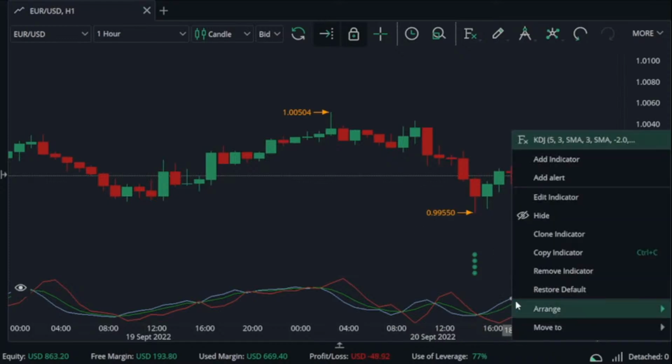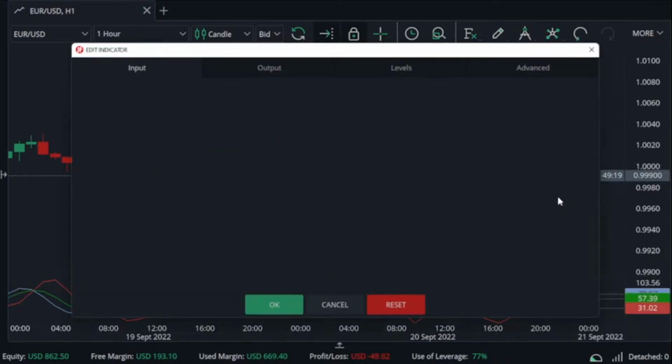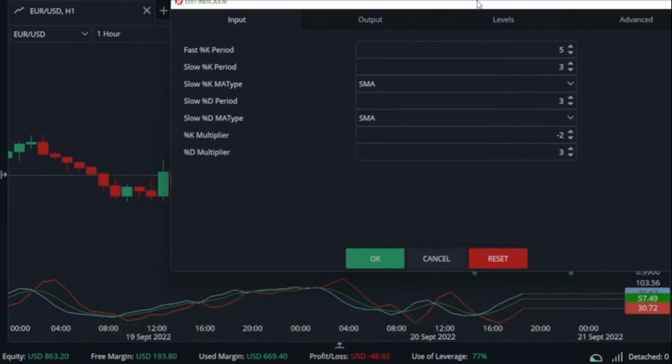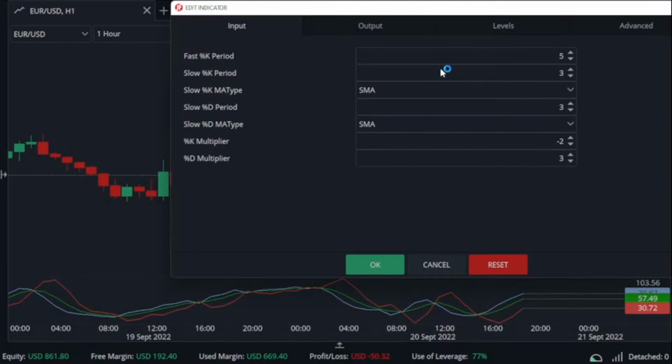All right. So let us now consider what are the editing options provided to us. We have these various parameters which we have to define. So here the calculation period is 5 for the percent K, fast percent K. For slow percent K it is 3. We can vary this.